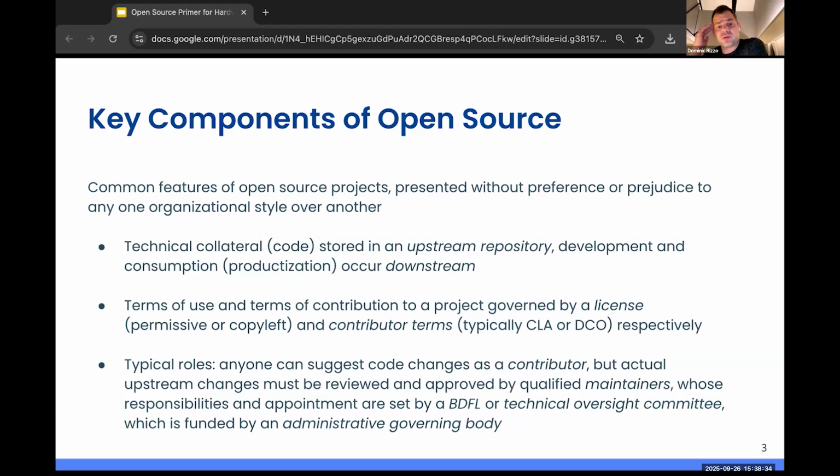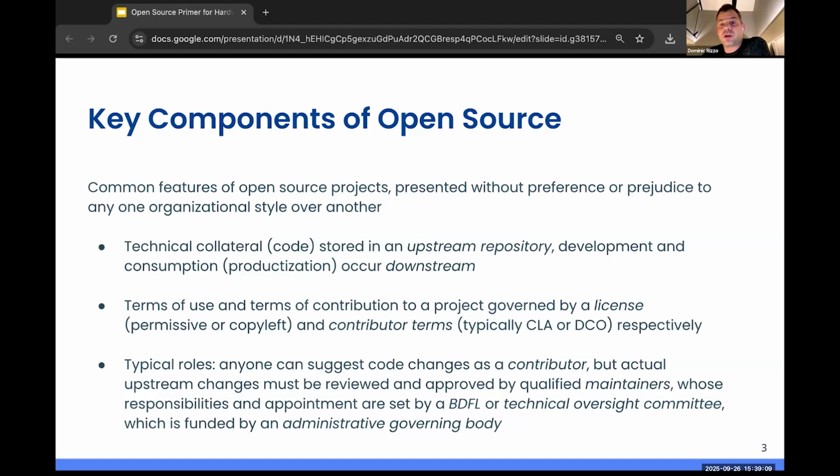And then there's often a set of common roles in different open source projects. It's very normal that anyone can suggest code changes as a contributor, but then actual upstream changes are reviewed and approved by qualified maintainers. What qualified means and how those maintainers are selected is typically done through an appointment determined by sometimes a BDFL, Benevolent Dictator for Life model, more often a technical oversight committee that's responsible for that portion of the project.